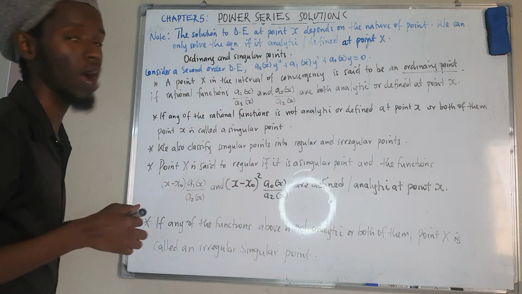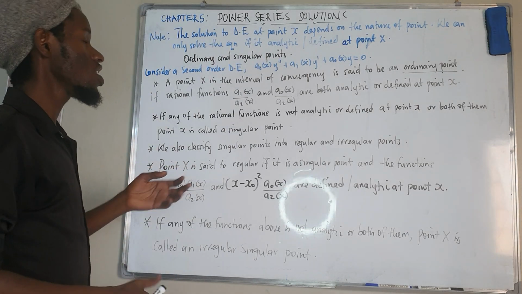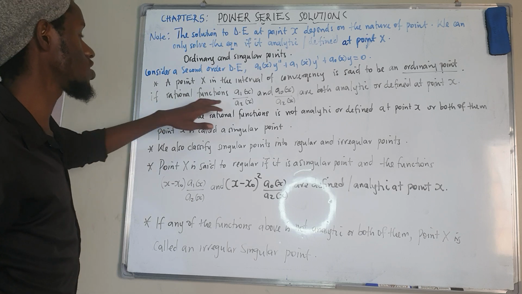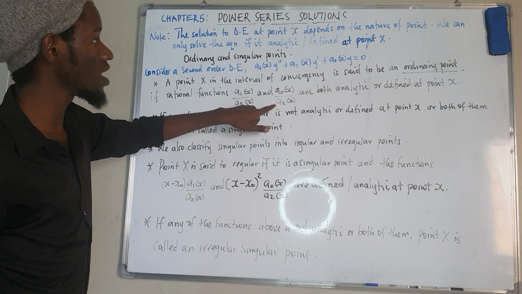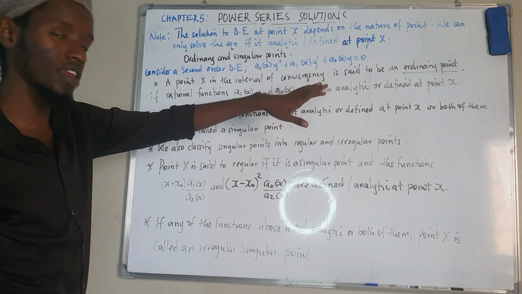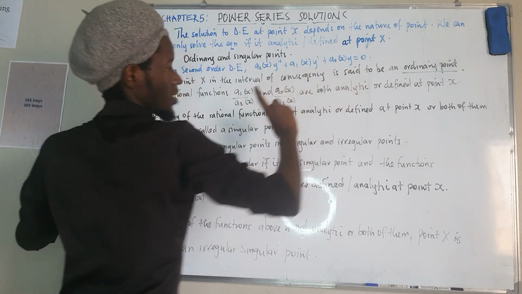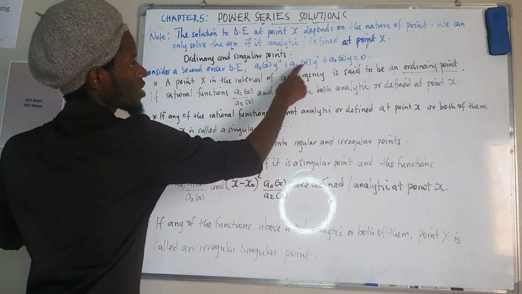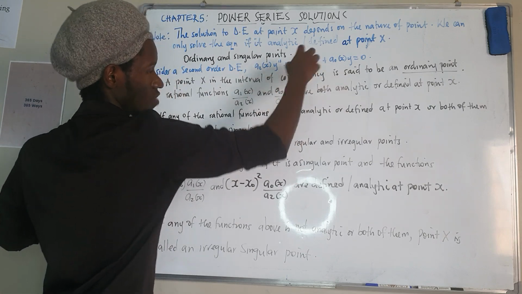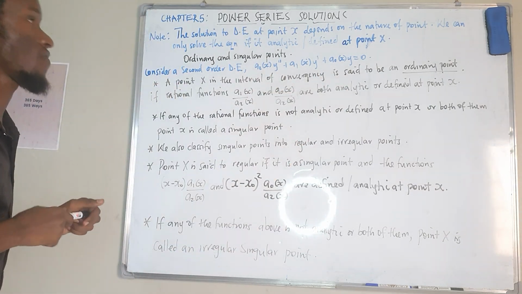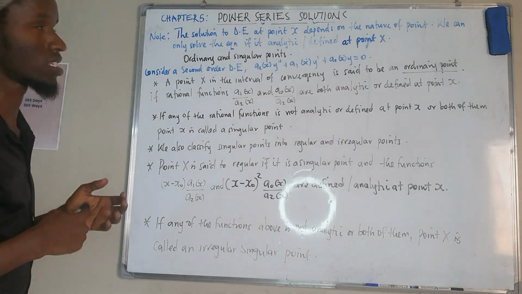If I have a differential equation like this one, my task is to take a1(x) and a2(x) and divide them, and then a0(x) and a2(x) and divide them. The values that make the functions defined at that point are going to be called my ordinary points.